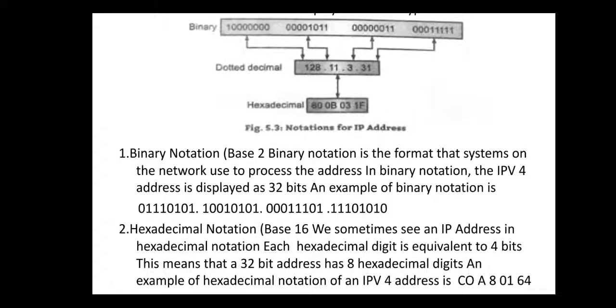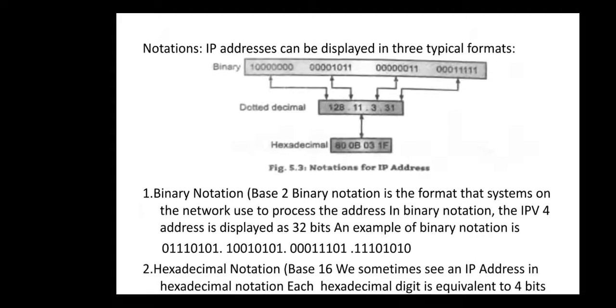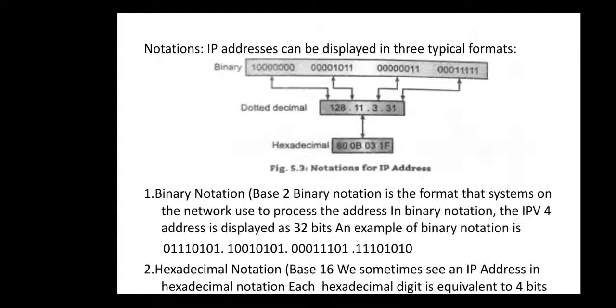No, sorry, this is another example. Consider this one: binary 1 followed by all zeros. In the notation, on the left hand side is 1 and the remaining are zeros. Separate it into 4 bits.